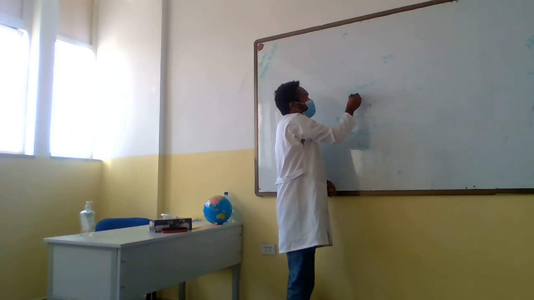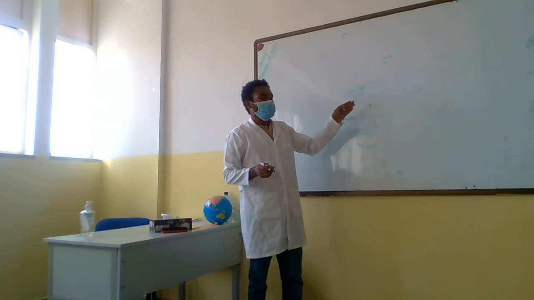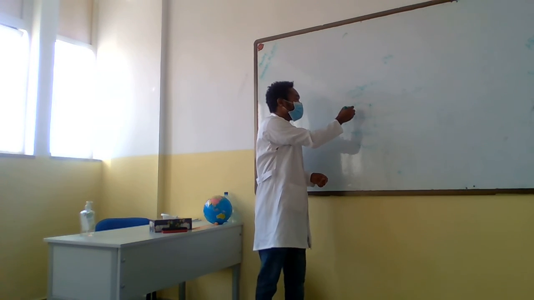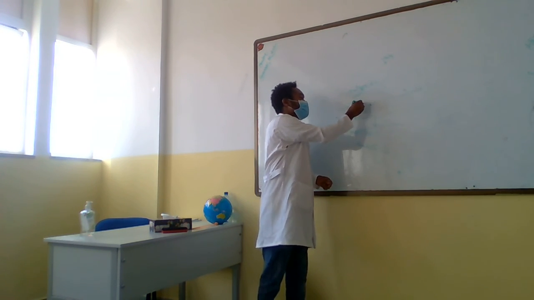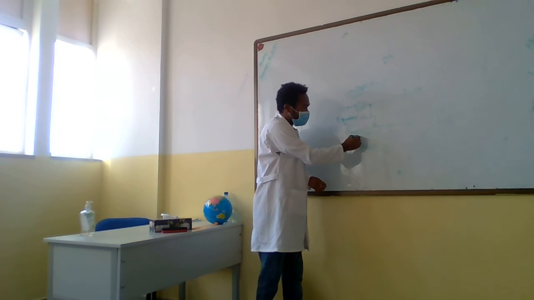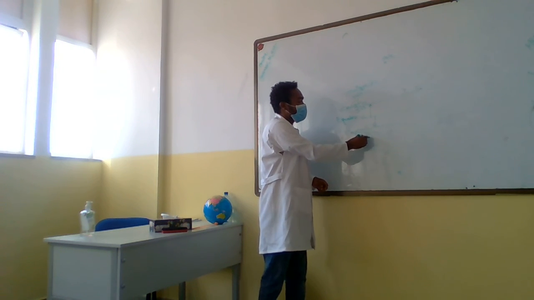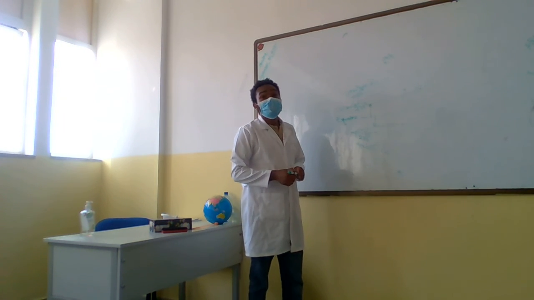The Arctic Circle is 66.5 degrees north, the Antarctic Circle is 66.5 degrees south. The Tropic of Cancer is 23.5 degrees north, and the other one, the Tropic of Capricorn, is 23.5 degrees south.